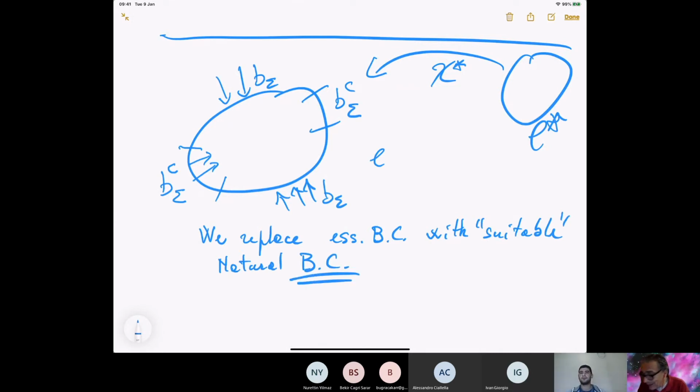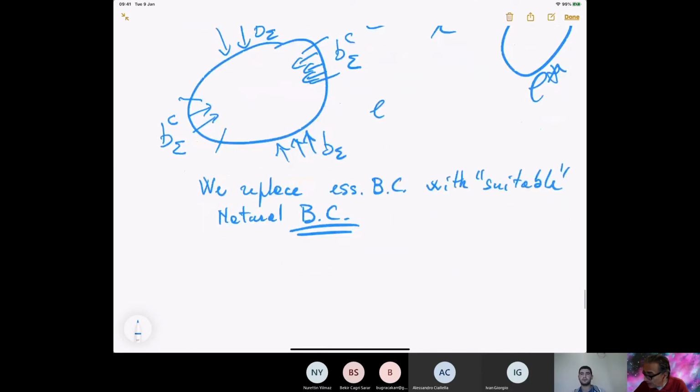And as we said yesterday, it is unknown, the field of constrained forces. Okay. So we replace with suitable natural boundary conditions the so-called constrained forces.